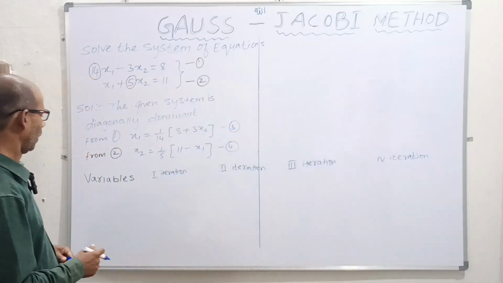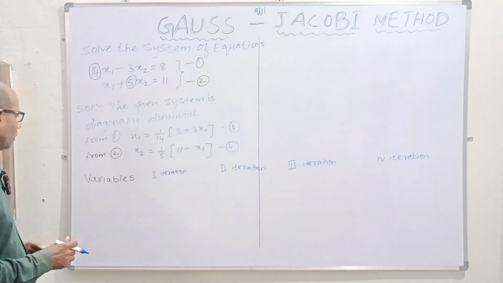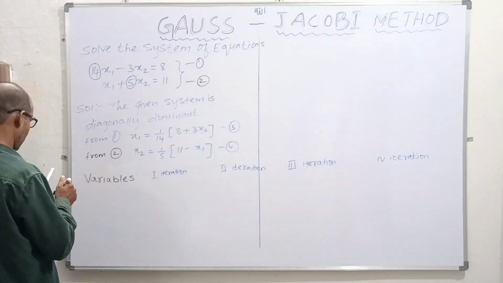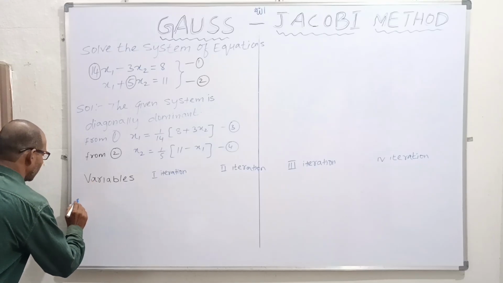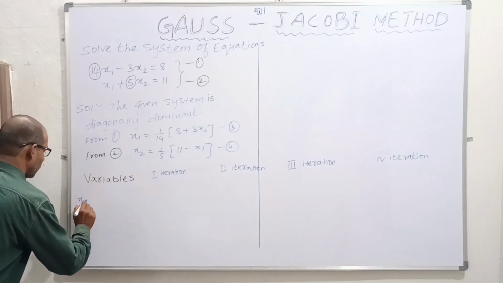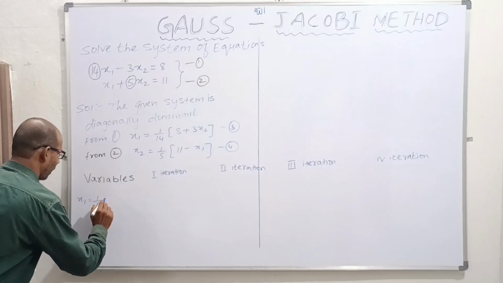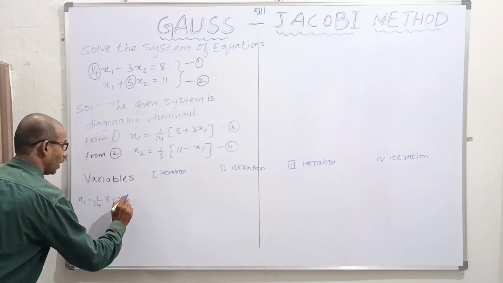Let us write down the variables. x1 is equal to 1 upon 14 into 8 plus 3x2.